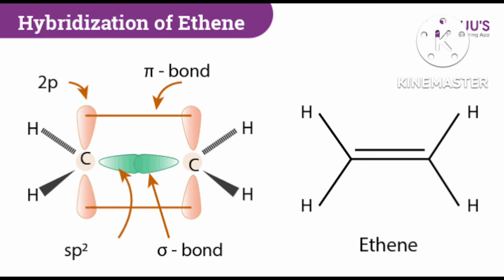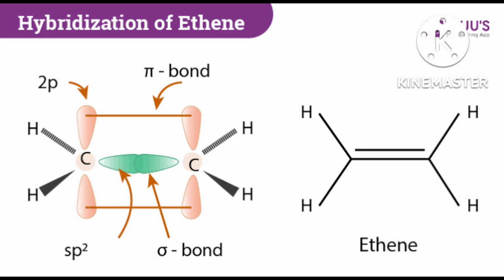In the formation of the ethyne molecule, both carbon atoms undergo sp hybridization. sp hybridization leaves two unhybridized orbitals, that is the 2py and 2pz. Means two unhybridized orbitals remain.